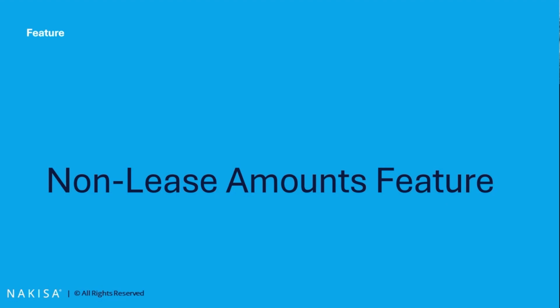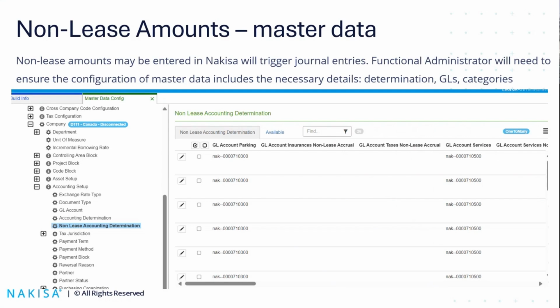All right, non-lease amounts. So first of all, some prerequisites in terms of non-lease amount. There are master data details that need to be filled in, and some of these decisions need to be taken into consideration from the onboarding, the project phase, and even later, if you decide to start recognizing the non-lease amount, you need to take a moment, talk to your functional administrator and make sure that in terms of configuration, you have everything that is needed.